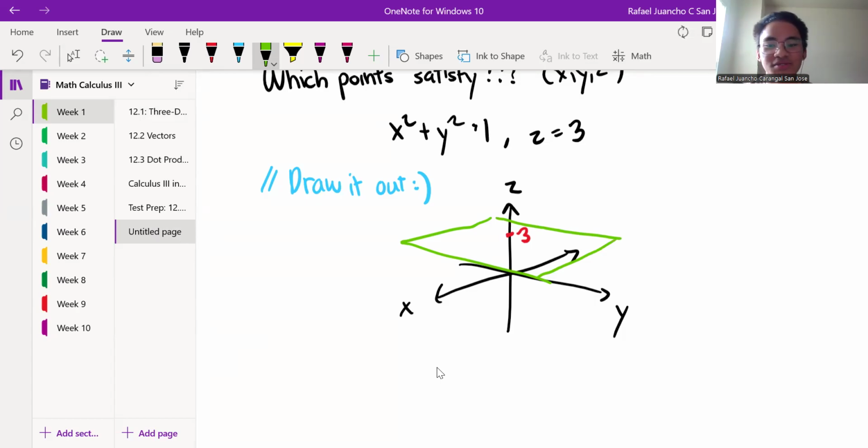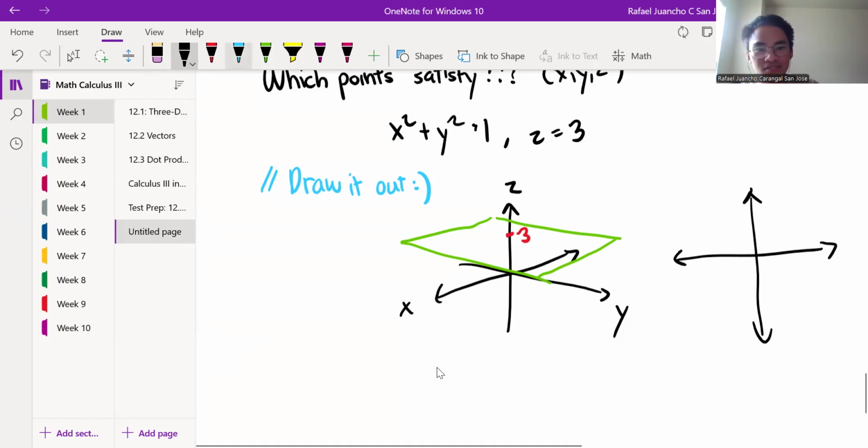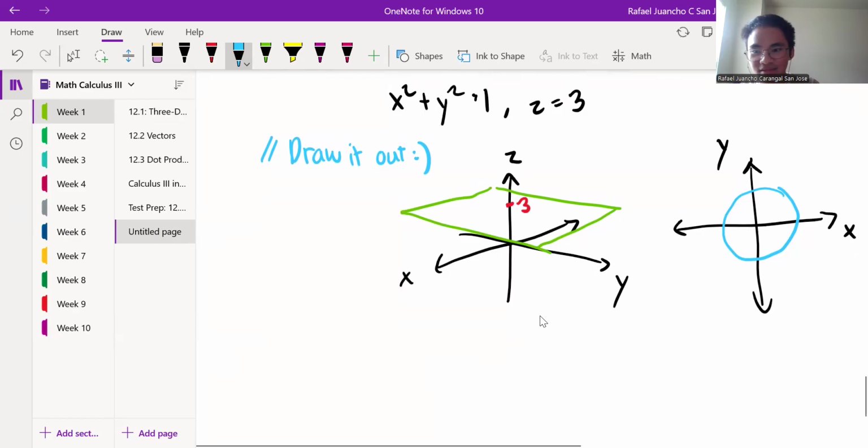Now, what is x squared plus y squared equals 1? If we remember from 2D, this is basically the unit circle. Given some plane, or let's say this is the xy plane, this circle is denoted by this equation.